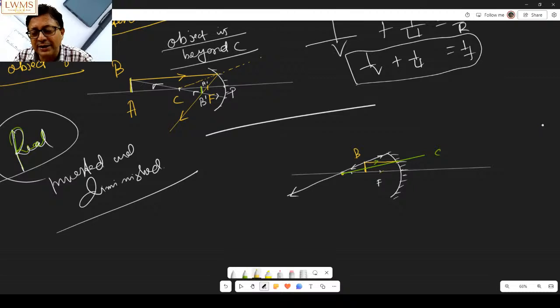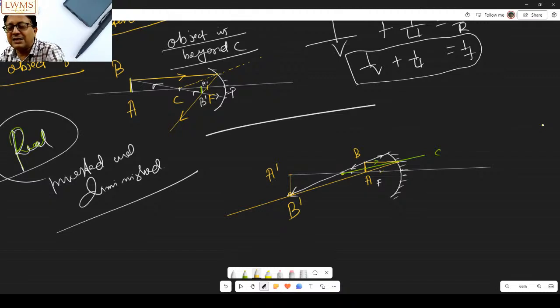The reflected ray will go in this manner, clear? And these two will meet at a point, so the image will be formed here. This is AB. This is A dash B dash. Okay? Image is larger than that of the object.